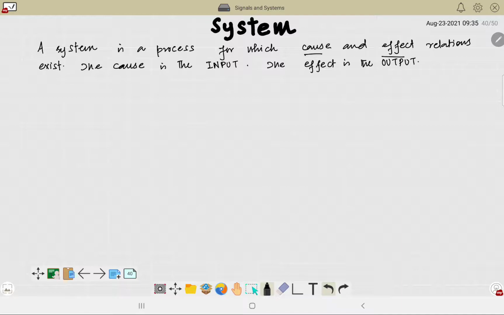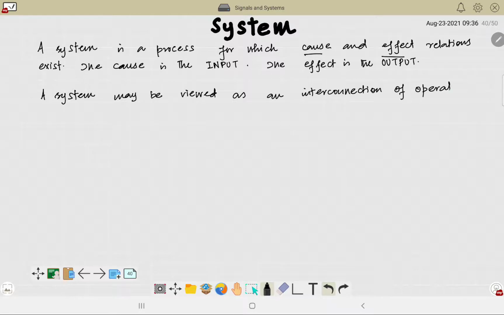But then again, we can't only use this qualitative definition because we have to analyze systems like we analyzed our signals. So we have to come up with some sort of a mathematical formulation. Right? So mathematically speaking, a system may be viewed as an interconnection of operations. In this simple case, it may be a single operation, but since we are generalizing, there may be multiple operations within a system.